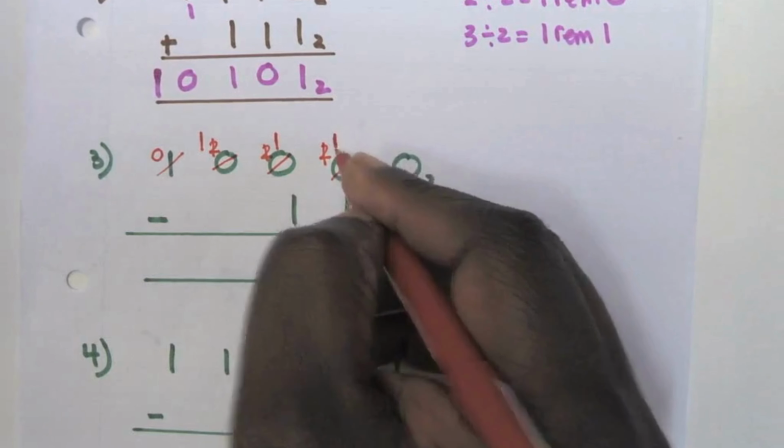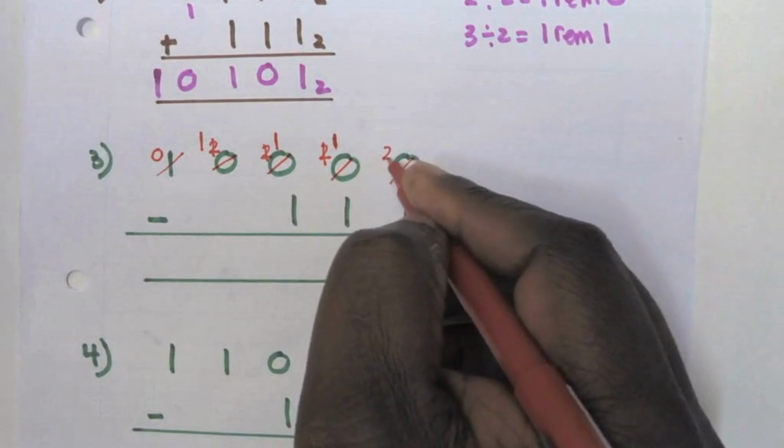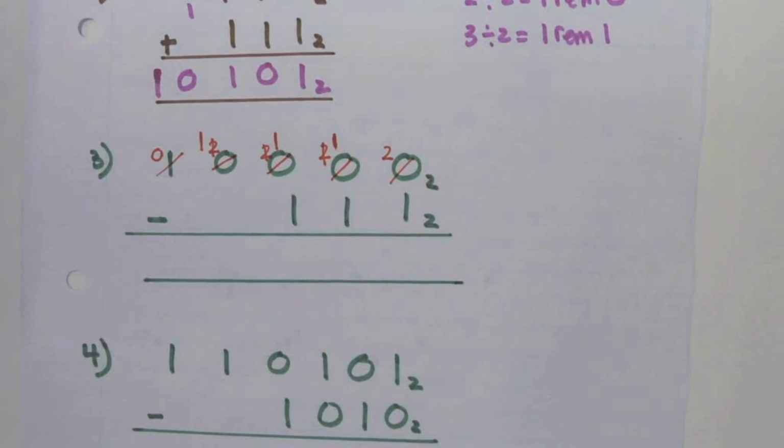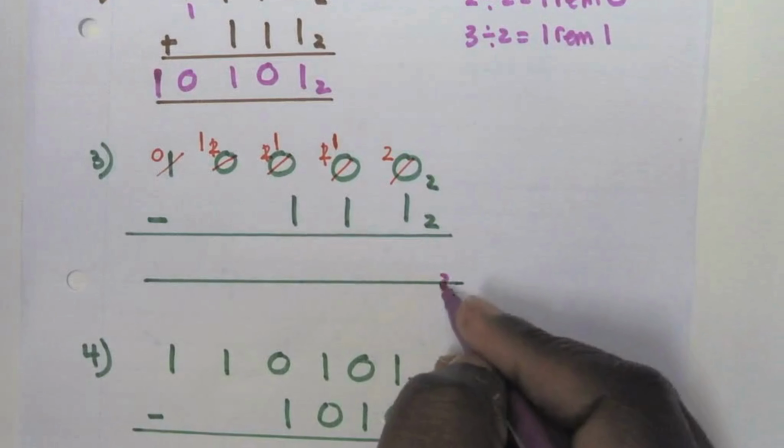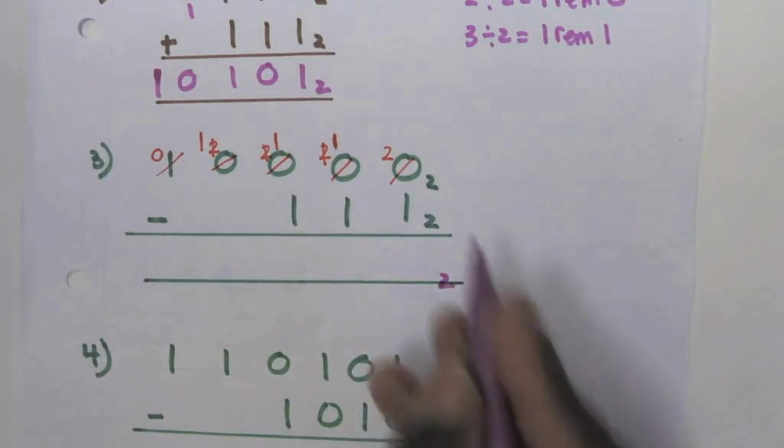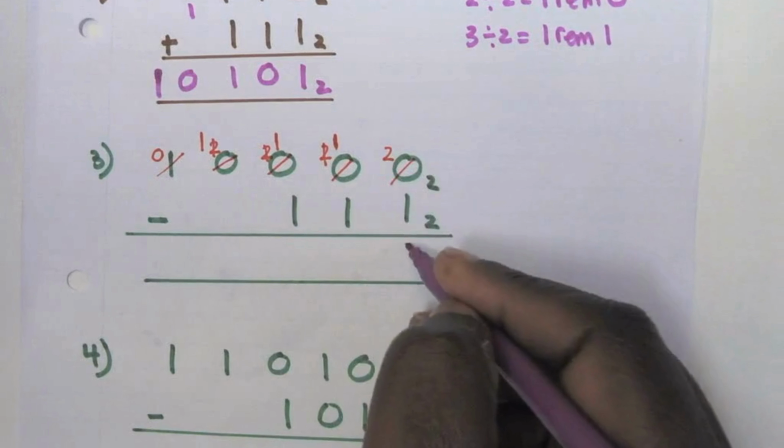So I'm going to be left with 1, and this part is going to be 2. Then I can proceed with my subtraction. Remember, my answer is going to be in base 2. I'm going to get 1 here, 0, 0, and 1. And that will be my final answer.